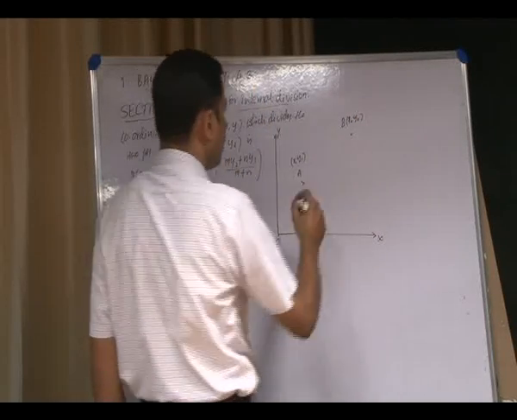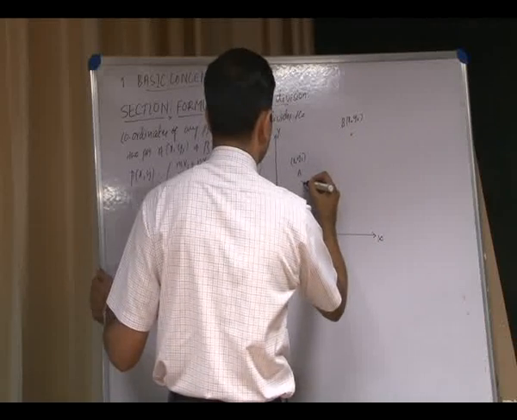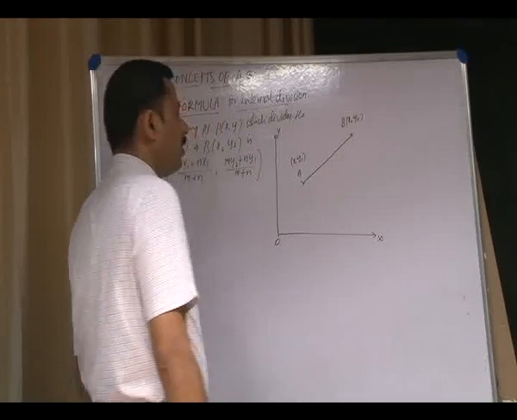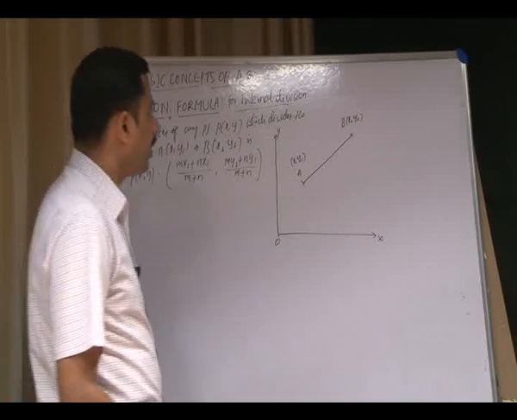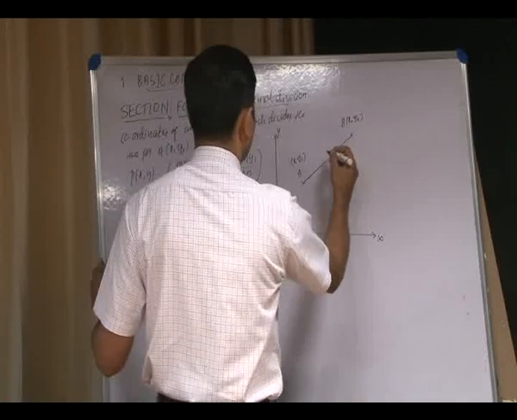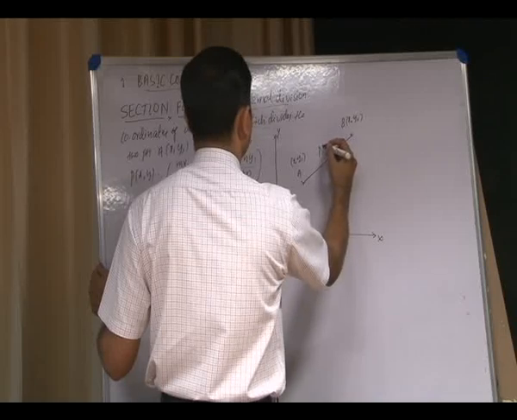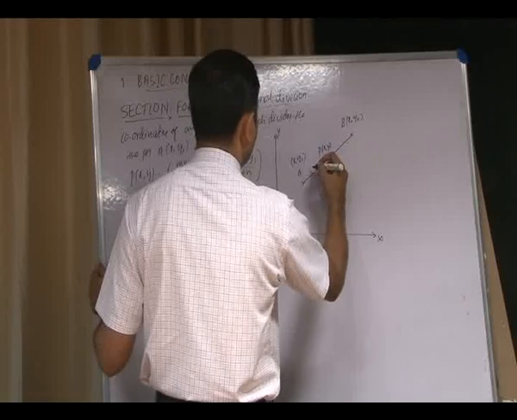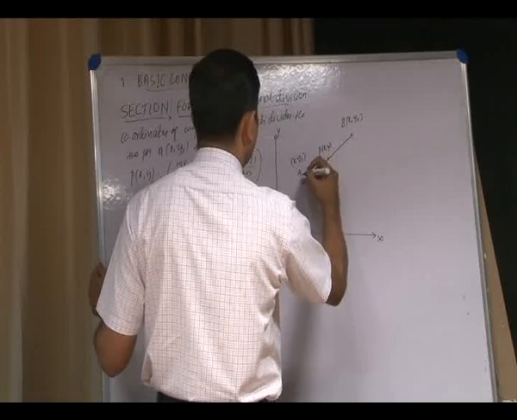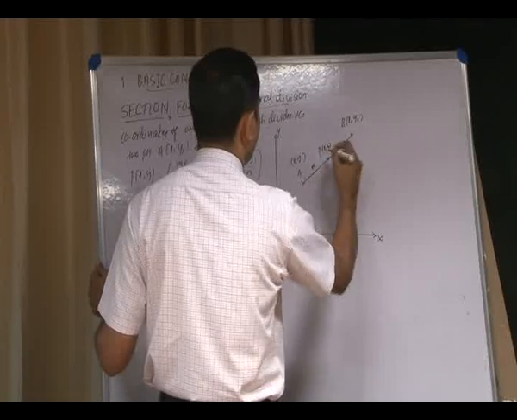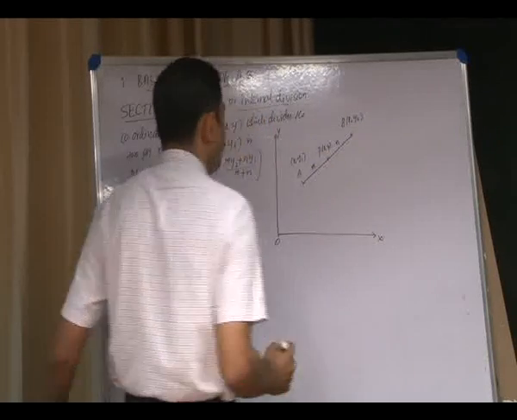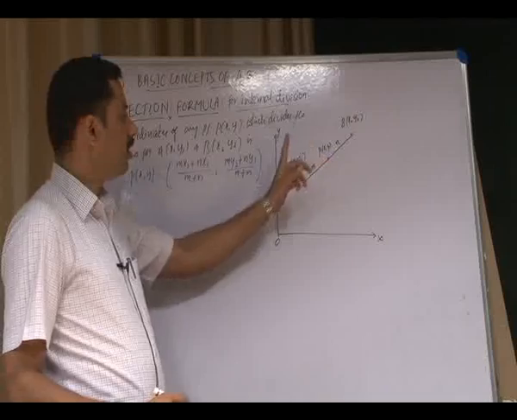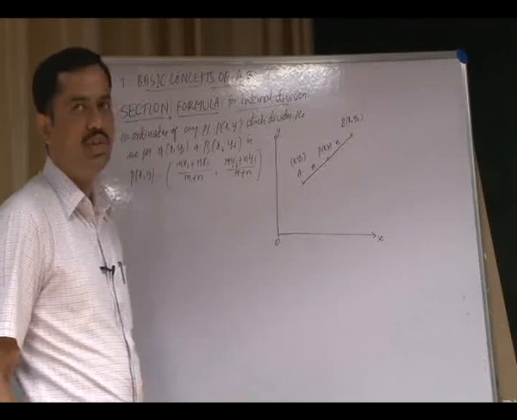I will join these two points A and B. Then we divide this line by a point P in the ratio m is to n. Let P(x, y) be any point on the line such that it divides the line AB in the ratio m is to n, meaning the length AP is taken as m and PB is taken as n. Here we are going to calculate the coordinates of point P by knowing the coordinates of A and B and also the ratio m is to n.